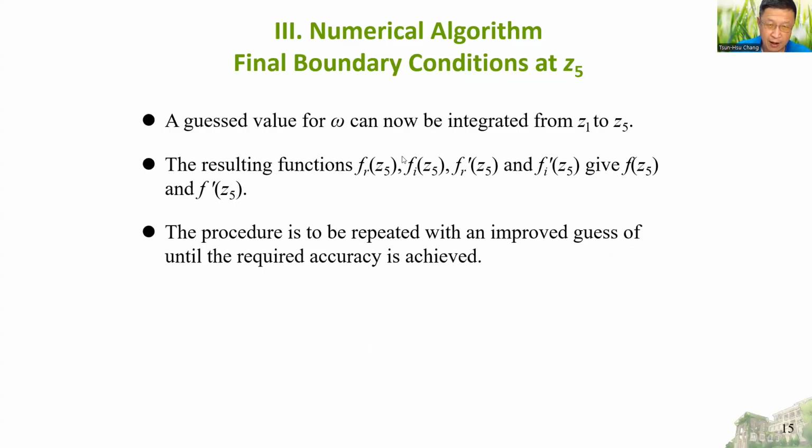More information: initial at the left-hand side, final at the right-hand side. A guess value for omega can now be integrated from Z1 to Z5. Use Runge-Kutta, and the resulting functions fr at Z5, fi at Z5, fr prime at Z5, fi prime at Z5 give the complex f and f prime.